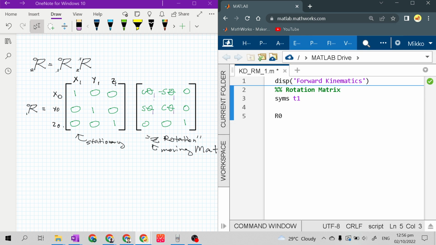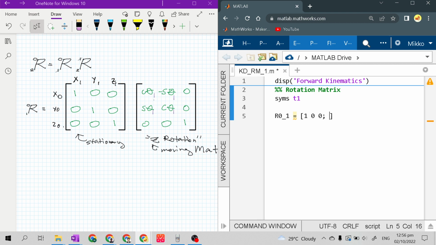Okay. So first, our variable R0_1 for R01. So we will make a matrix. To create a matrix, we will use square parenthesis. Then our first row, 1, 0, 0, we will just type the element of the first row. Then for each element, just use space, okay, to write a new element. Then after the row, put a semicolon.